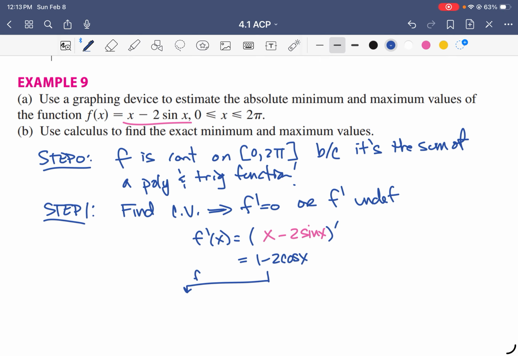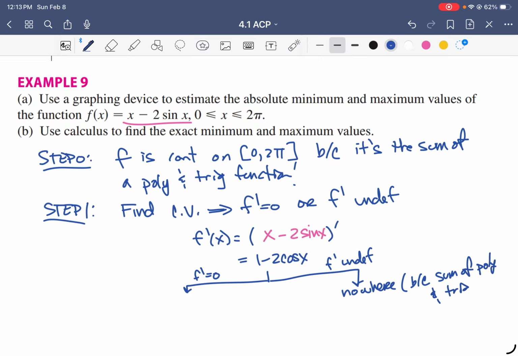So I can either find out where that thing equals 0 or where it is undefined. Well, it's going to be undefined nowhere, because it's the sum of a polynomial and a trig function, so it's going to be nice everywhere on its domain.